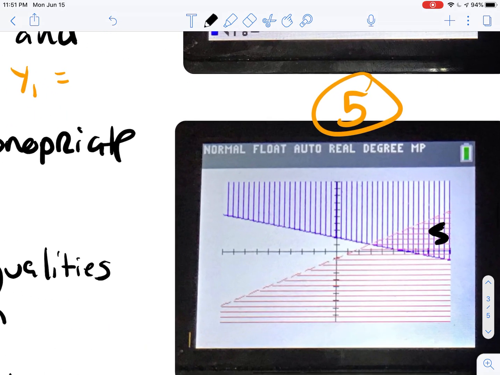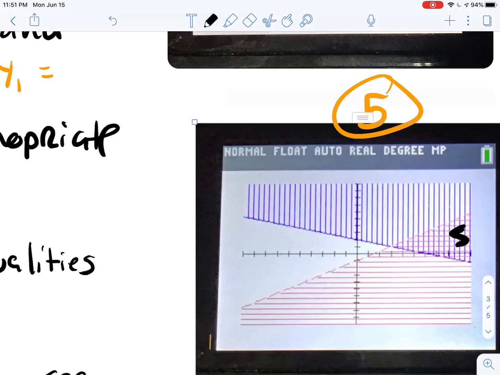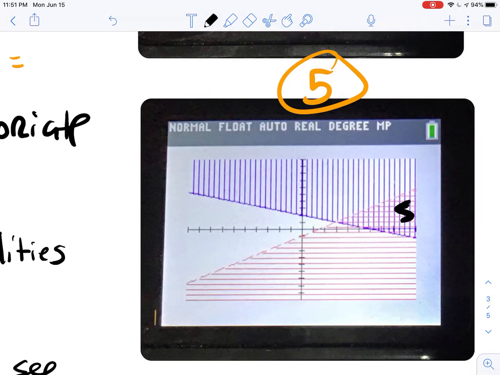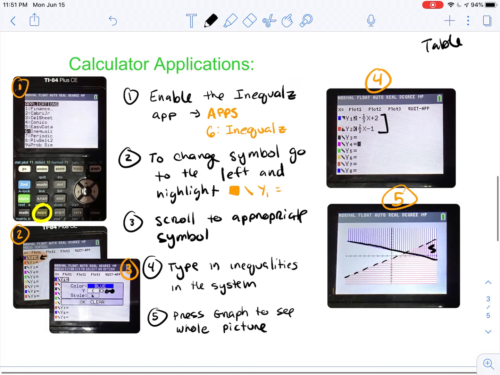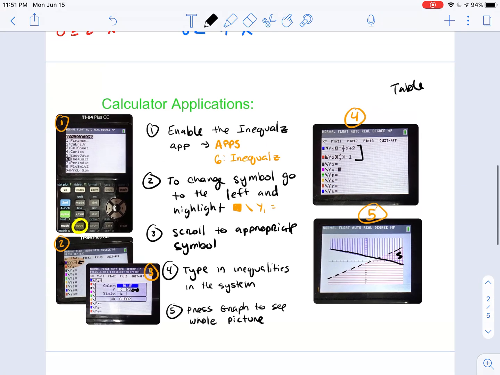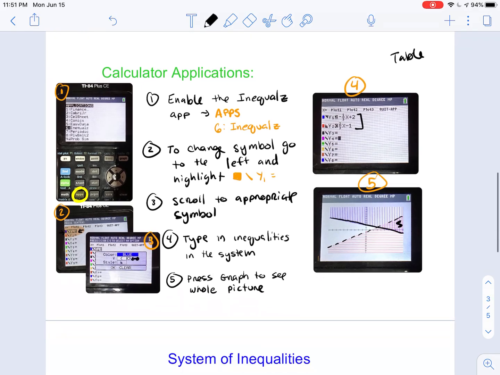And the other benefit is that it does tell you if it is solid or dashed. Notice this above 1, is a solid line, whereas this below 1, like we have up there, is dashed. So if you have any questions, this calculator application can be of great use to you.